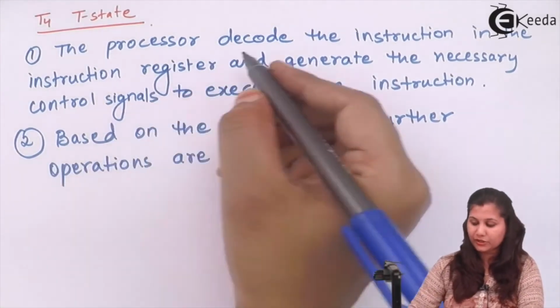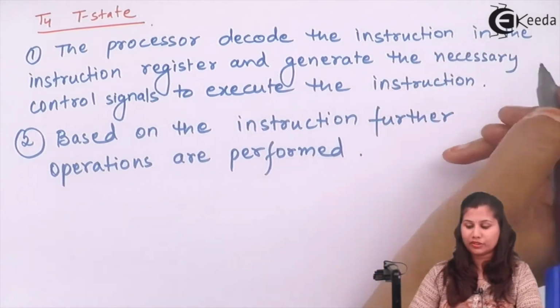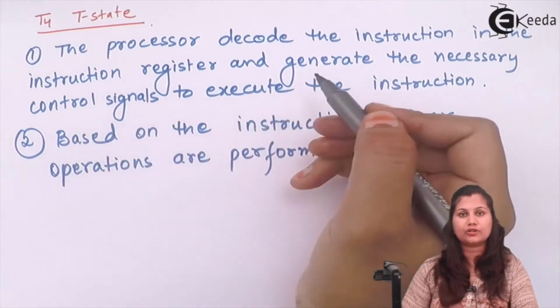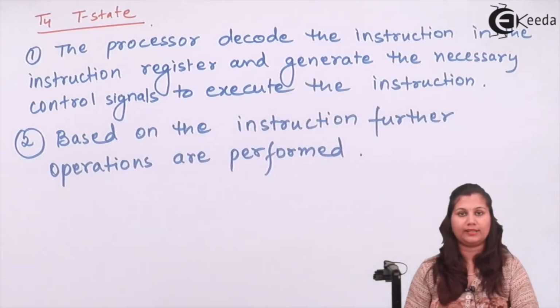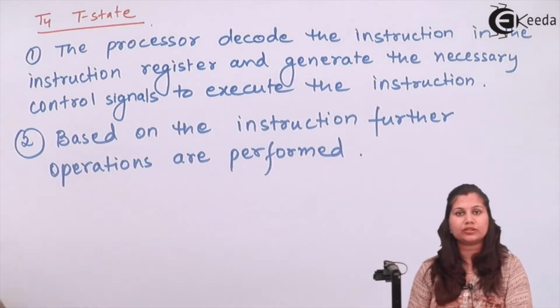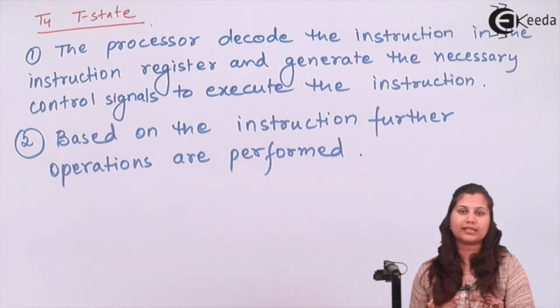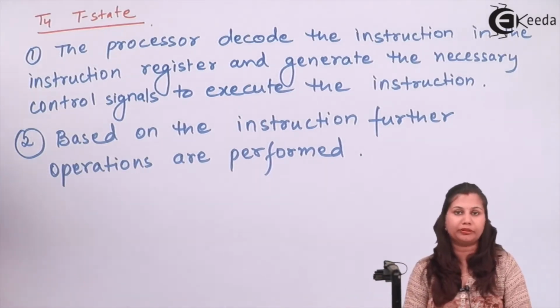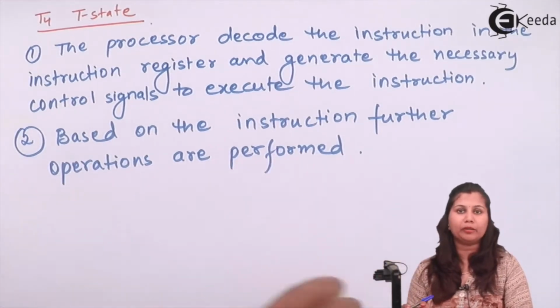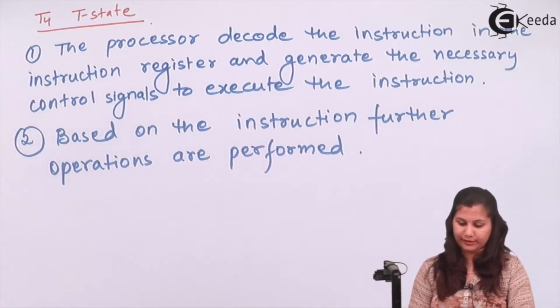So the processor is going to decode the instruction in the instruction register and generate the necessary control signals to execute it, because after decoding, the execution of the instruction will take place. Based on the instruction, further operations take place, like memory read, memory write, input output read, or input output write.